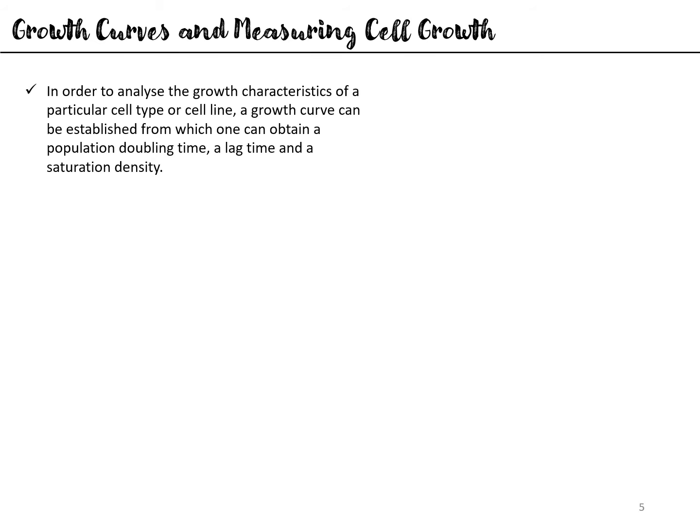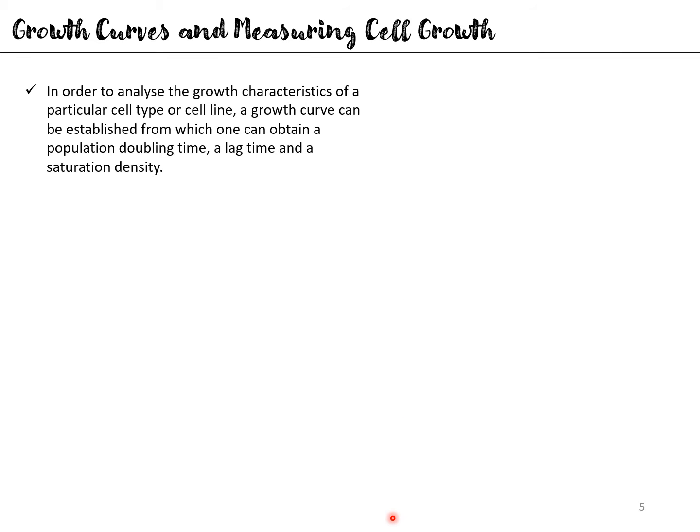So next we are going to talk about growth curves and measuring cell growth. In order to analyze the growth characteristics of a particular cell type or cell line, a growth curve can be established from which one can obtain a population doubling time, a lag time, as well as a saturation density.